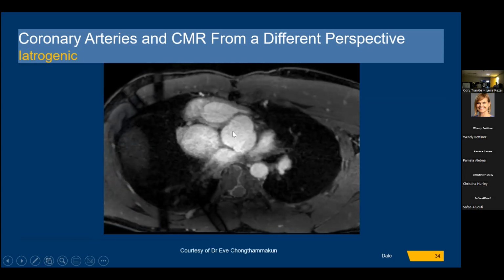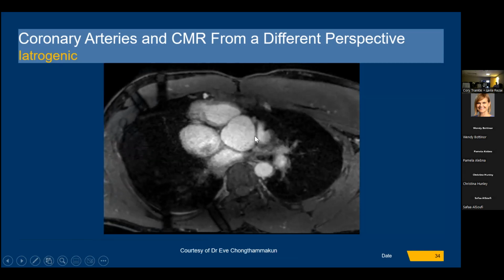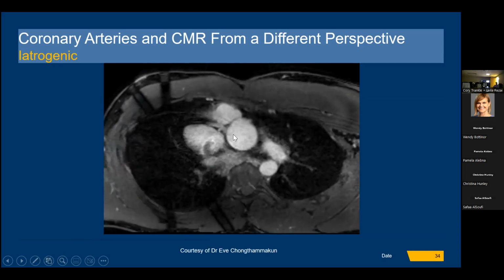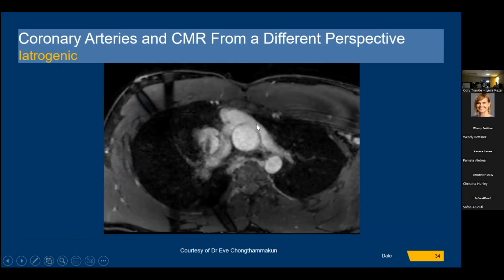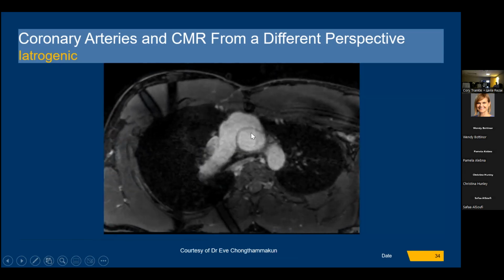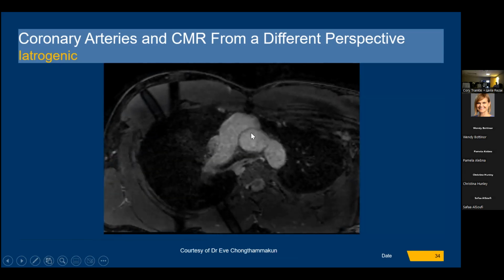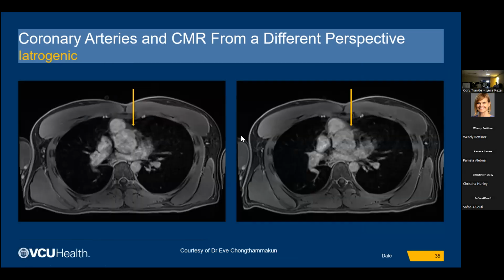He also had MRI for follow-up on the status, and this is again 3D whole heart and shows the same finding. It does not appear that it has changed. It's still stenotic, although the patient appears to be asymptomatic from that standpoint.